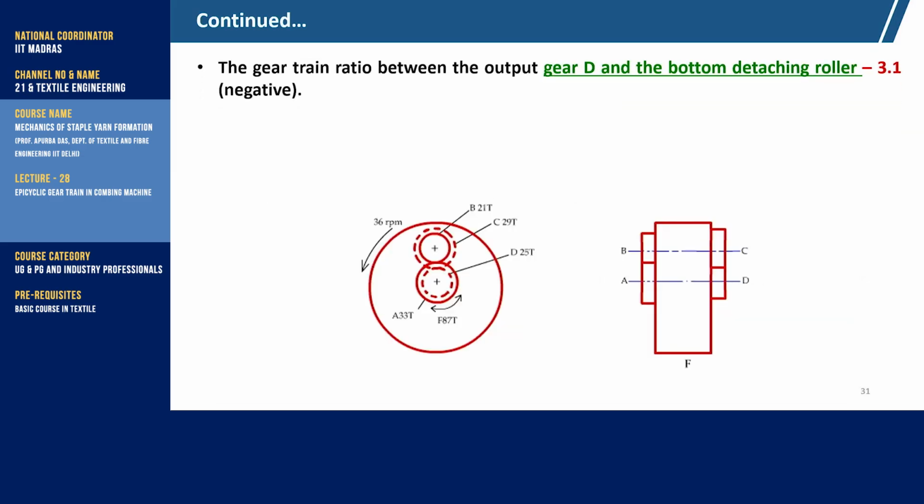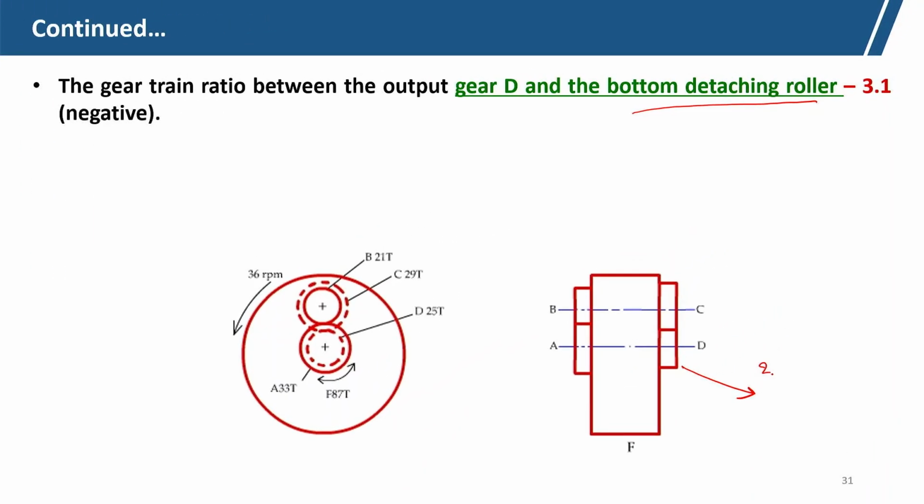So, the gear train ratio between the output gear D and the bottom detaching roller. As I told, we assume it is a 3.1 gear train ratio, so that is minus 3.1.